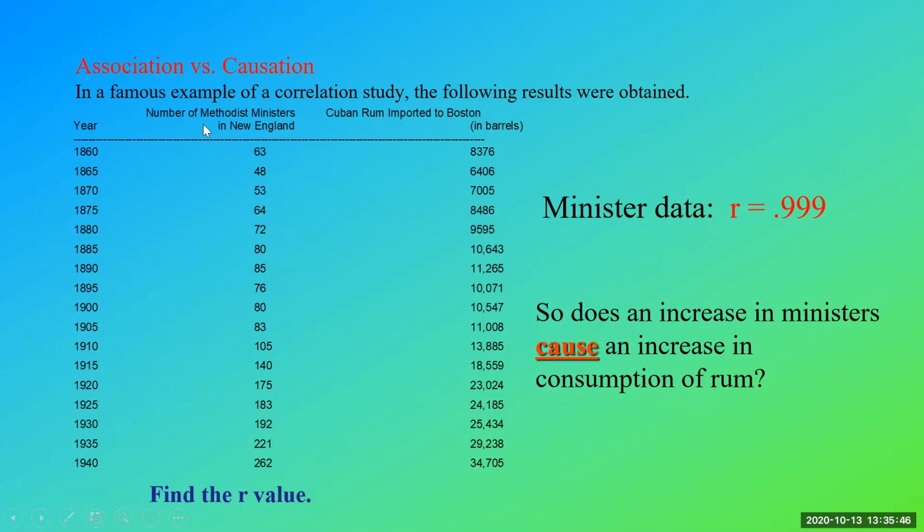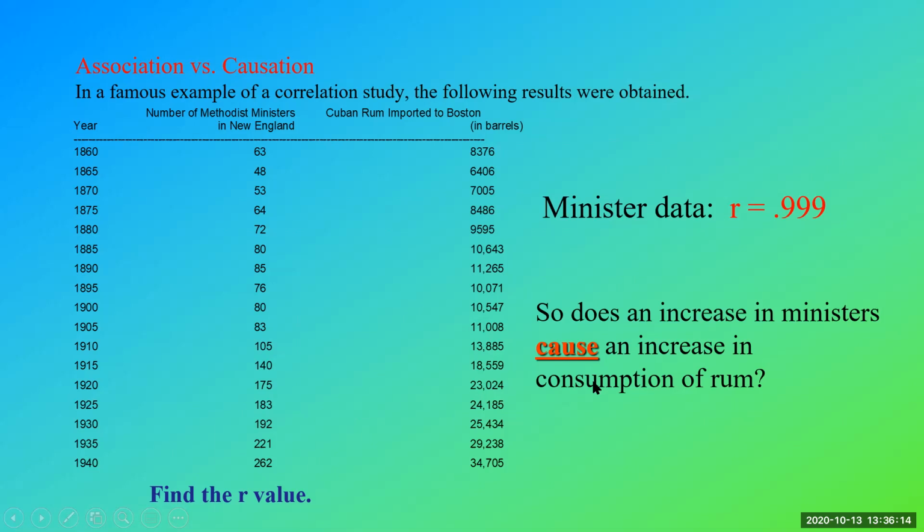If you think about what's happening in New England, you had prohibition ending finally around the 1930s, which might add to the increase in rum. And before that, when you had prohibition, the US wasn't making any alcohol. So of course they had to import it. Okay, so there are lots of different things that can affect this. It does not mean that it is the increase in ministers that is actually causing the increase in rum.